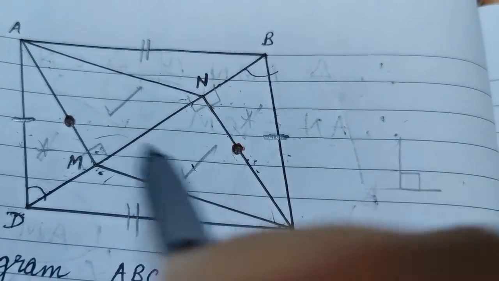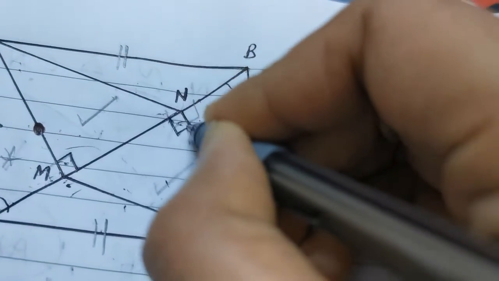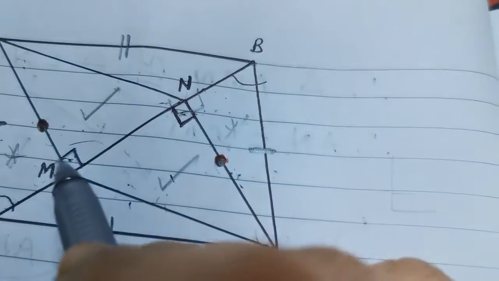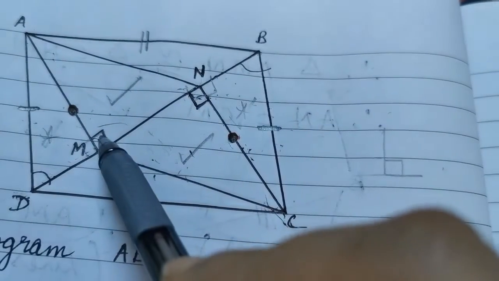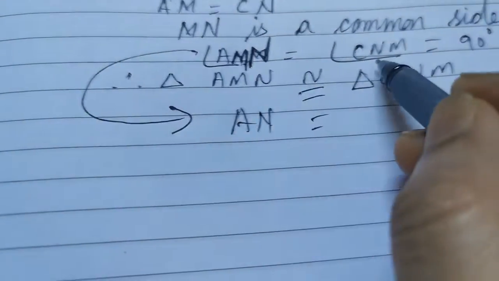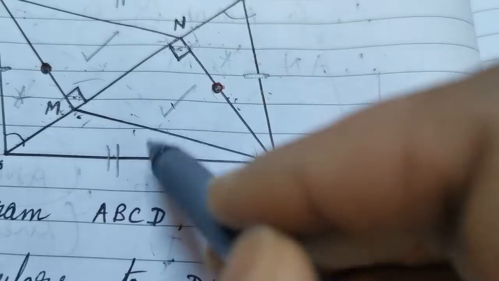AMN is 90 degrees and CNM is 90 degrees. So the side opposite to angle AMN is AN, and the side opposite to CNM is CM.